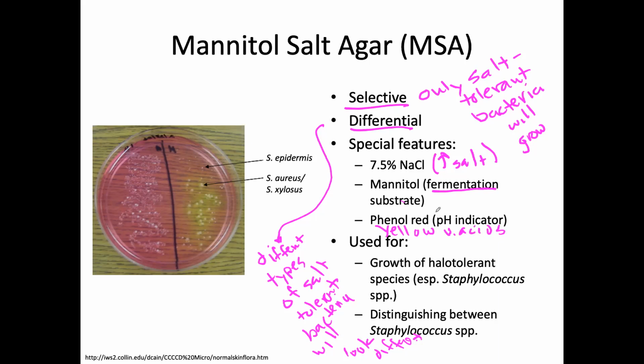So you know what type of salt tolerant bacteria it is. For example, you can grow different staph species on this and distinguish between them. There's Staph epidermidis and Staph aureus. Aureus is a pathogen, and epidermidis is non-pathogenic.